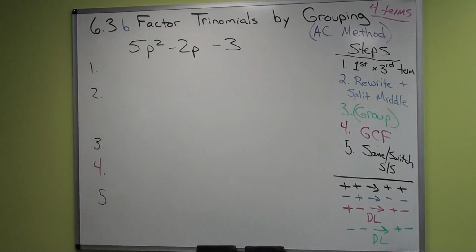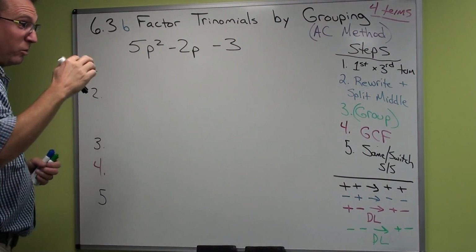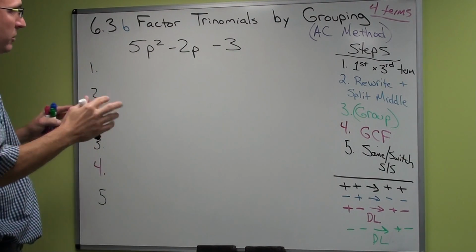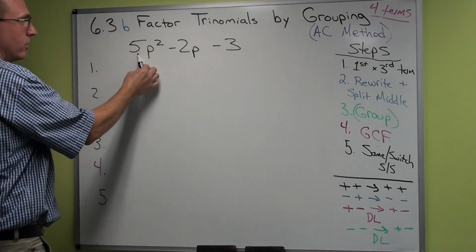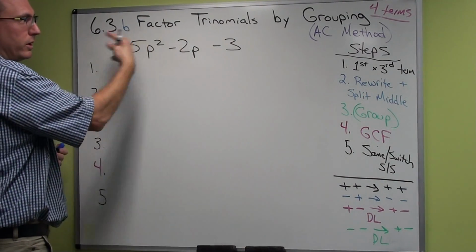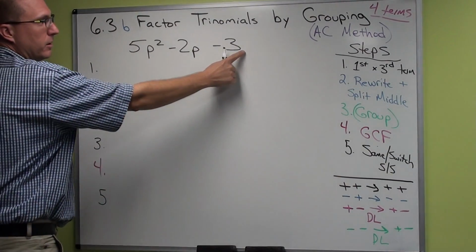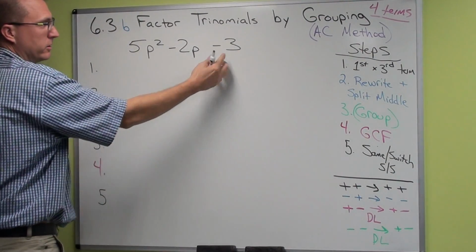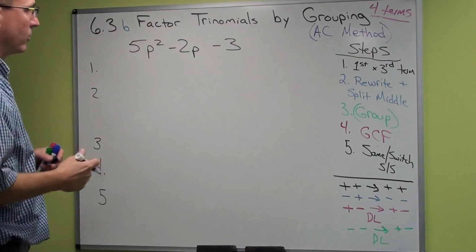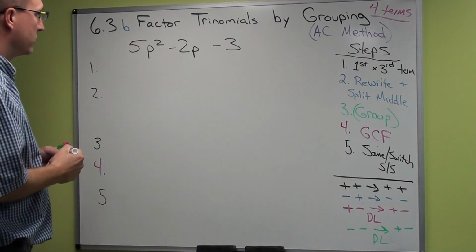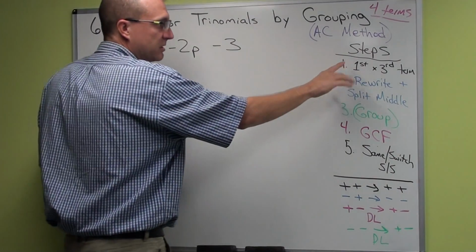So for all of our problems, when we start them, we should always be looking out, should we take out a greatest common factor? Now this we cannot, because these are all prime numbers, so we can't pull anything out of it, and there's no letter here, variable here, so we can't pull out a letter either. So we should be checking that to start. Alright, so since we can't do that, we stick to our main steps here.